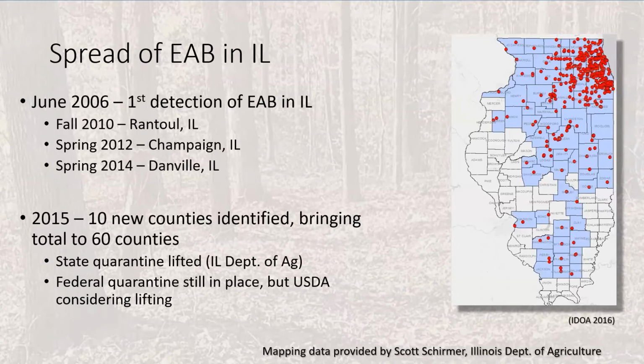I believe currently there's still federal quarantines in place where we're trying to stop the spread across state lines, but in Illinois we don't have any more of these county quarantines. That's an interesting lessons-learned thing from this, that our Department of Ag was quick to act and put these in place, and that was really the best defensive mechanism we had at the time.